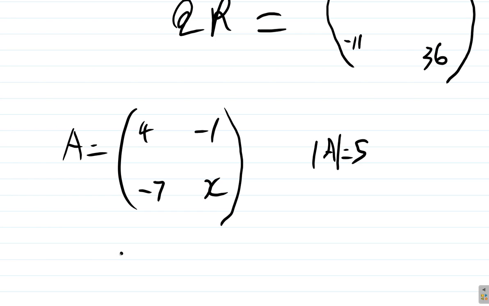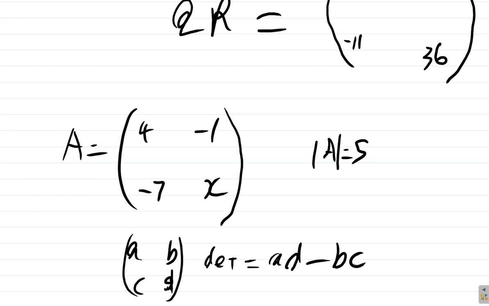So, let me see now. Oh, what am I doing? The determinant. You remember to find the determinant. You have A, B, C, D. Right? The determinant is AD minus BC. Right? So, here now.